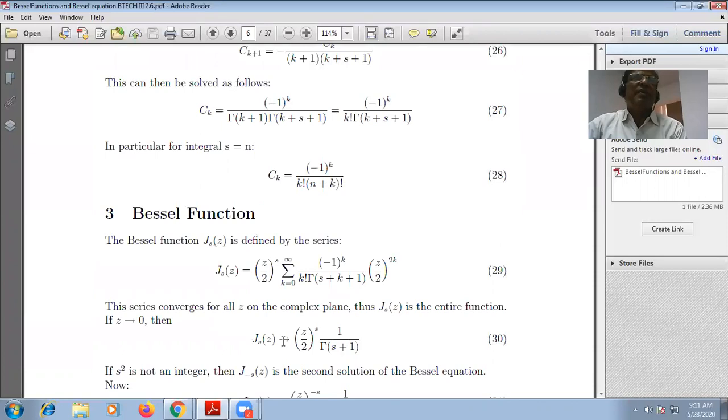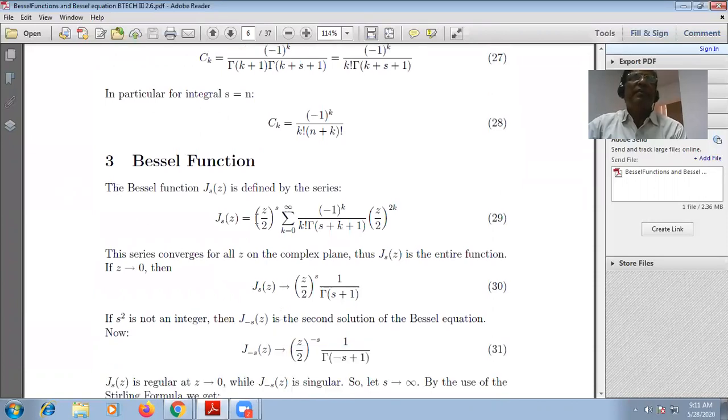See students, this is the Bessel function. The Bessel function J s of z is defined by this series. In one line, you have to remember this. This is the Bessel function.